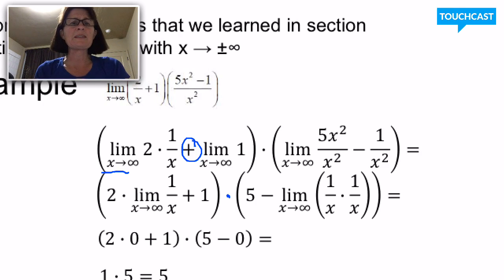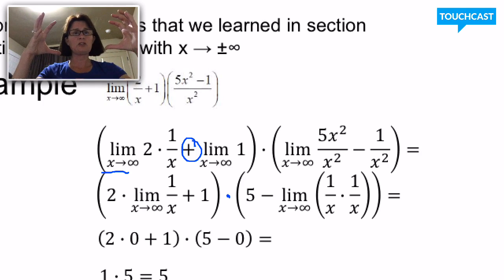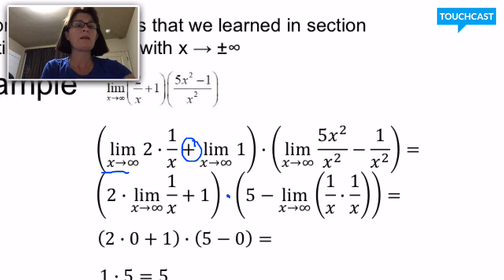I'll explain some of the substitutions I made here. I have the limit as x approaches infinity of 2 over x plus 1 times 5x squared minus 1 over x squared. I'm going to rewrite this as 2 separate limits that I'm going to multiply, instead of one limit of a multiplication problem.